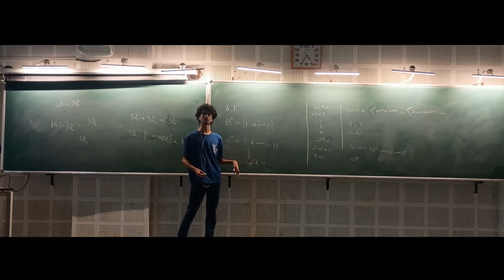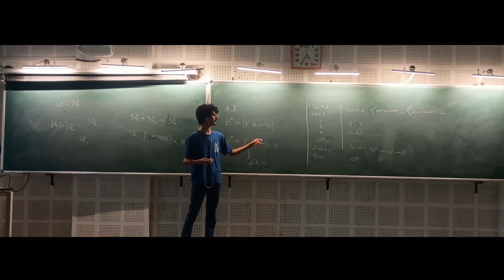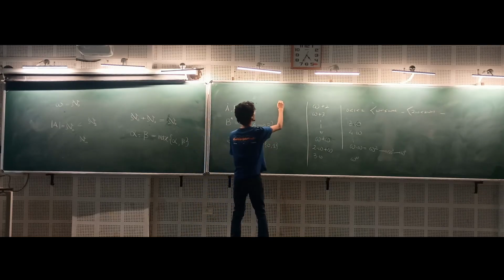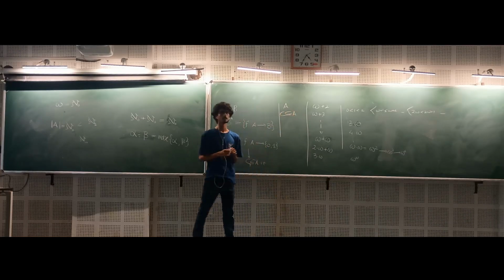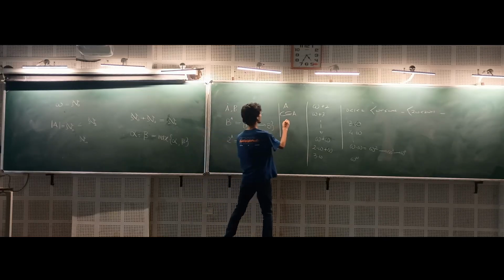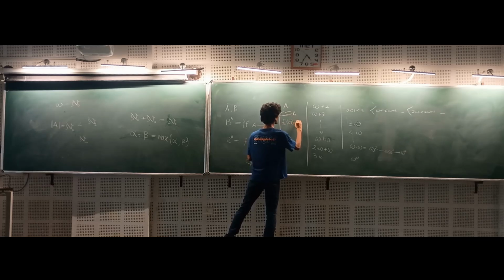If I give you a subset of A, can you create a function from A to 0, 1? I have a set A and some subset C of A. I can define a new function, I'll call this f_C, where f_C of a is 1 if a is in C, 0 otherwise.